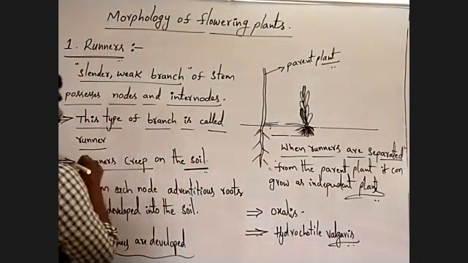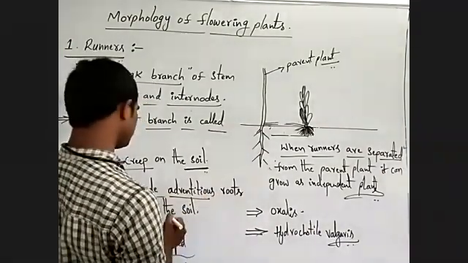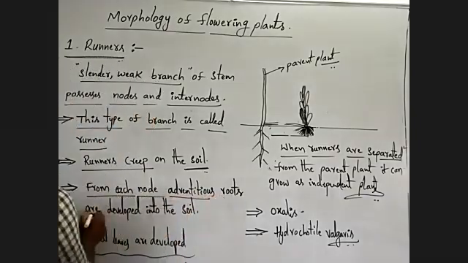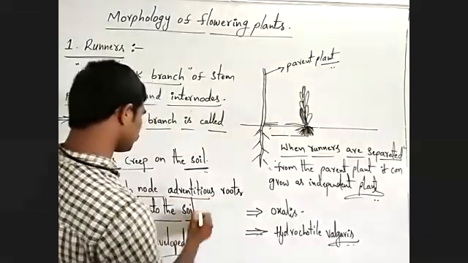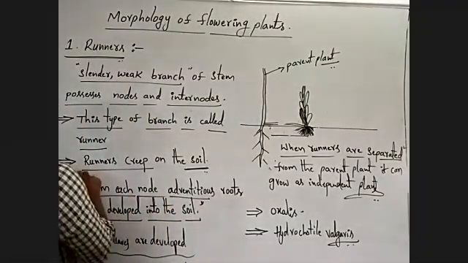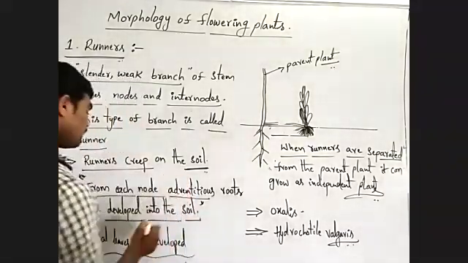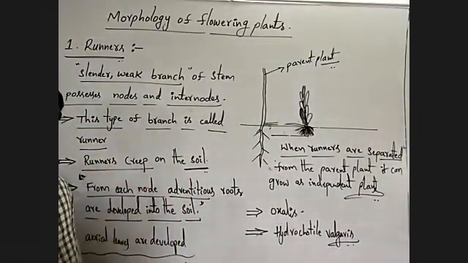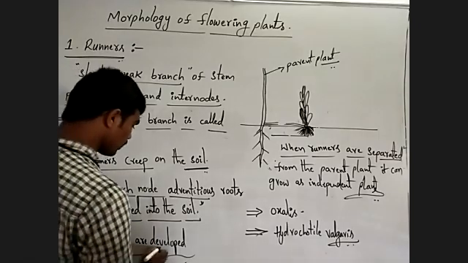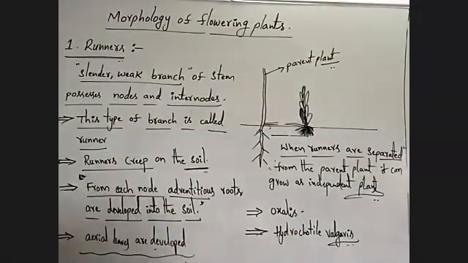In such times from each node, adventitious roots are developed into the soil from each and every node. Now aerial leaves are developed.